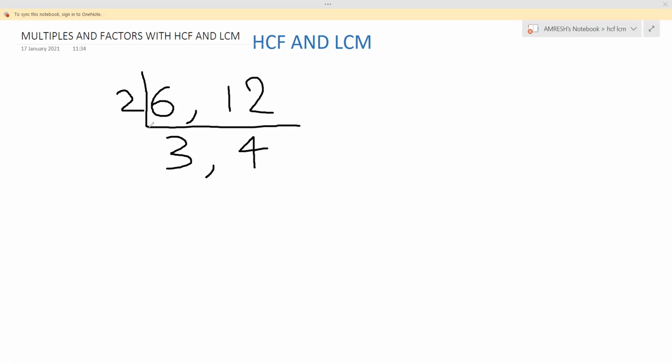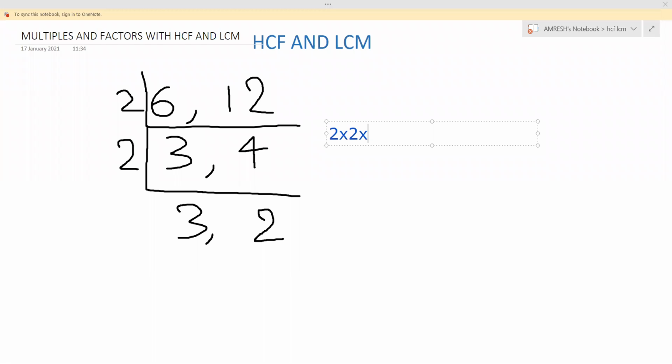Now we will take 2. In the table of 2, 4 is coming, but 3 is not coming. So leave 3 as it is. Keep 3 like that. 4 over. So it is 2 into 2 into 3 into 2. 24.